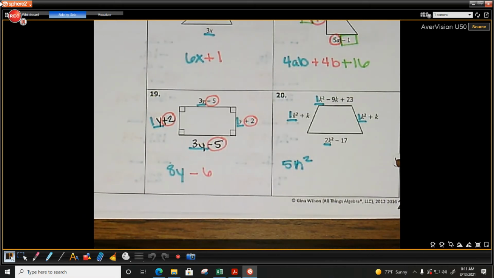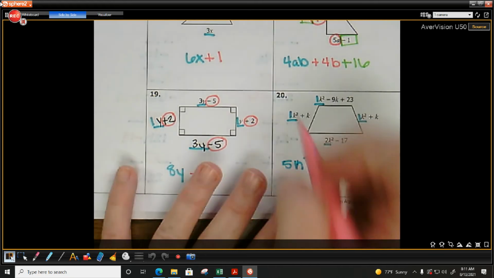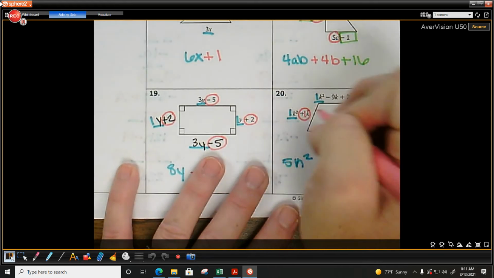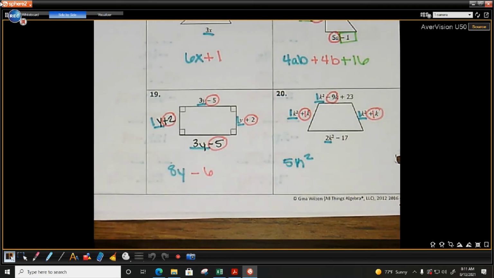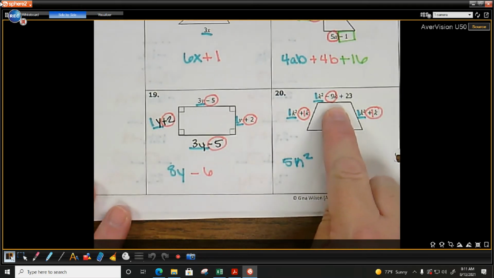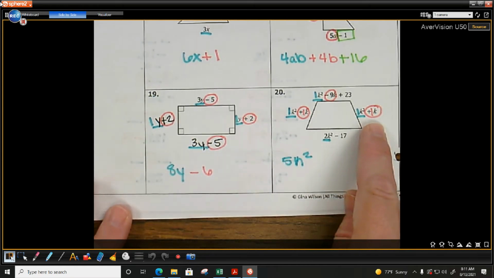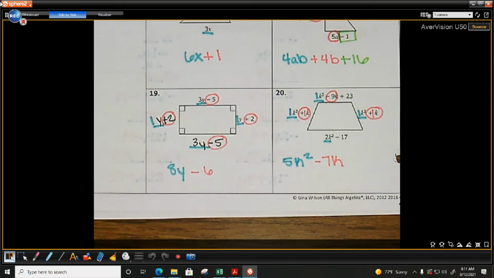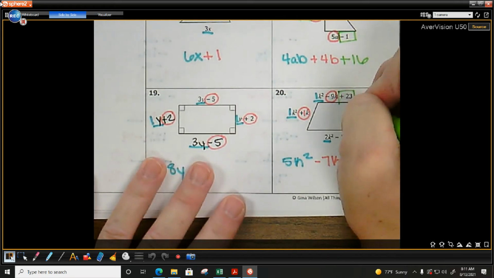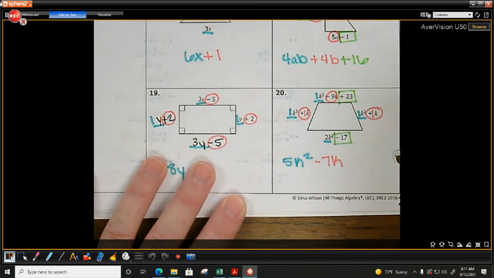Then we have plus 1k minus 9k plus 1k. So what's 1 minus 9? Negative 8 plus 1. Negative 7k. How many of us got minus 7k? Woohoo! And then plus 23 minus 17. What's 23 minus 17? A positive 6, so plus 6.